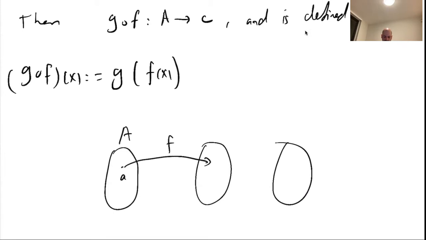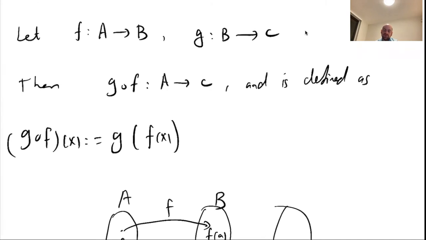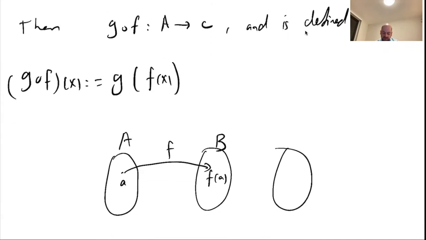Then we apply f to it, we get f of a, which is some element in B. So the outputs of f are in the set B, but the inputs of g are also chosen from the set B. So this f of a, which was originally the output of f, is now going to act as an input of g. And then we can apply g to it, and we get g of f of a as the final output, which is some element in C.